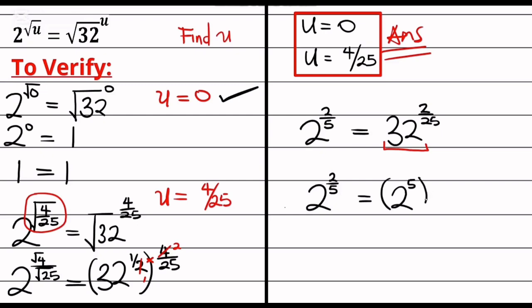Put this in parentheses, then we still have 2 over 25. According to the index rule, we're going to multiply this power. So 5 goes there, that is 1, 5 goes there, that is 5. So what we have left now is just 1 multiplied by 2, that is 2, then 1 multiplied by 5, that is 5. So we have 2 raised to the power of 2 over 5 at the right hand side.